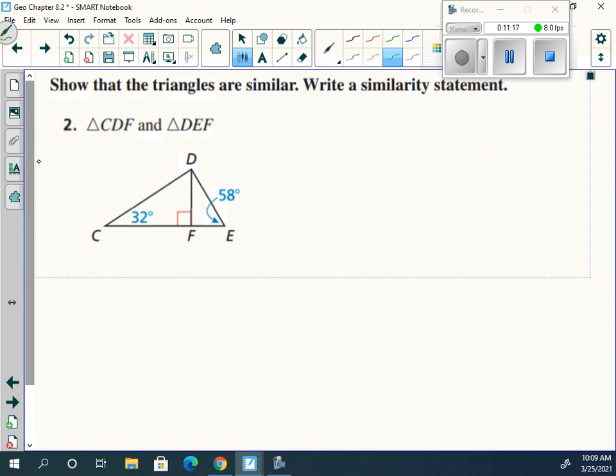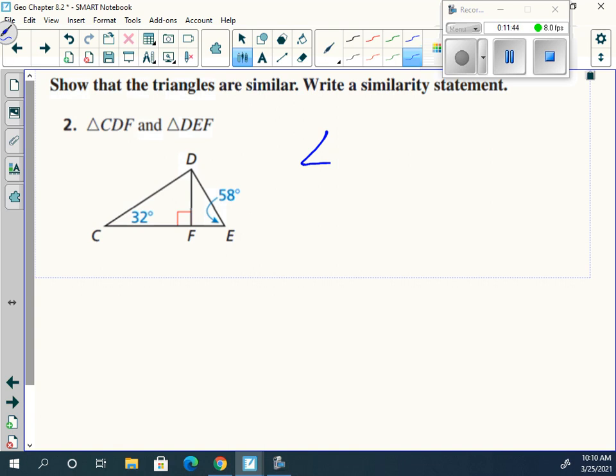They both have 90, yes? So, can we use just angle F? How many angles do we have at angle F? 2, yes? So anytime we have more than one angle at a point, we have to use 3 letters.